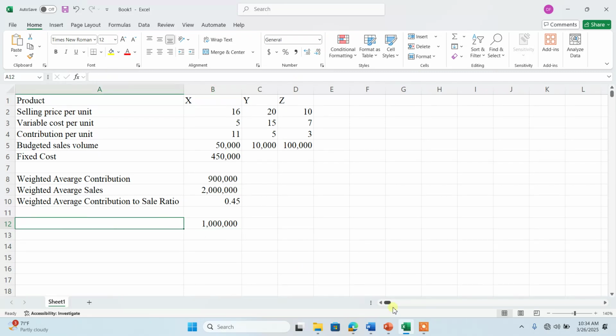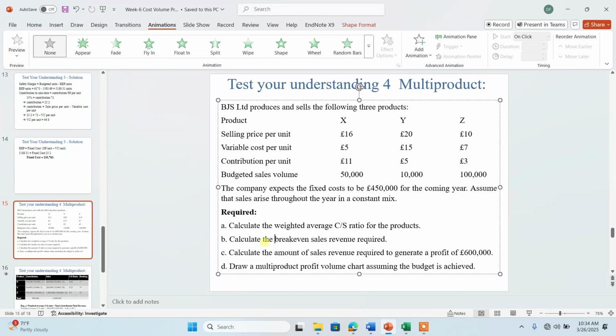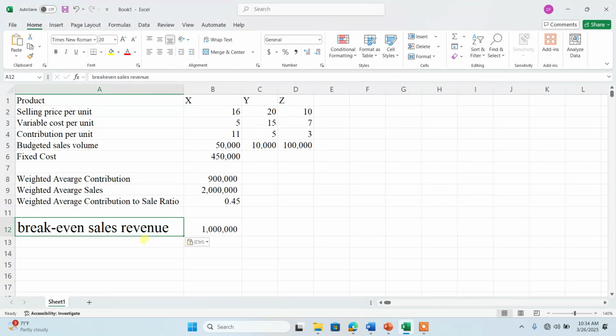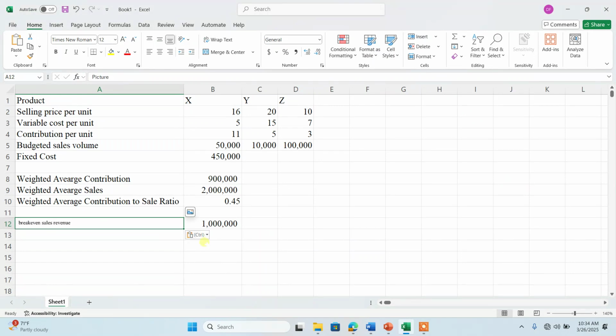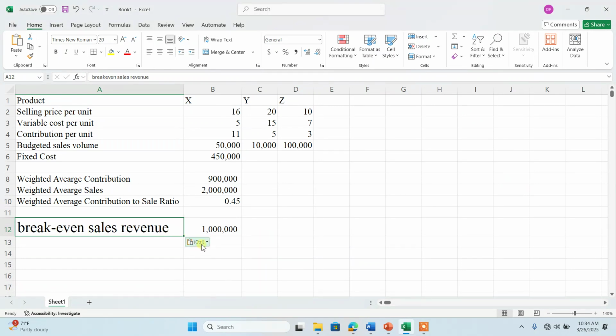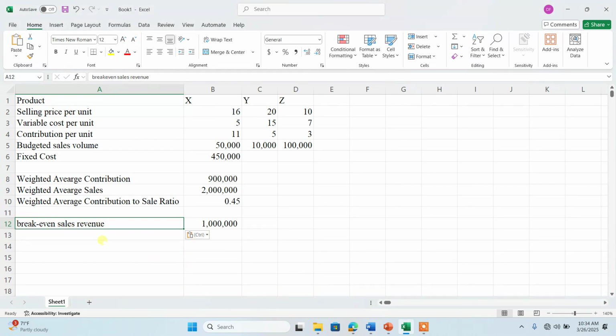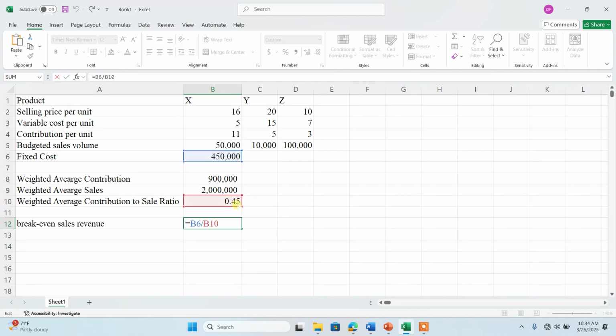This 1 million is the break-even sales revenue. Break-even sales revenue means that if this company achieves this sales volume, profit and loss will be zero. If they achieve more than this revenue, they will be in profit. This is according to the weight assigned to each product, because we calculated the contribution to sales ratio according to those weights.